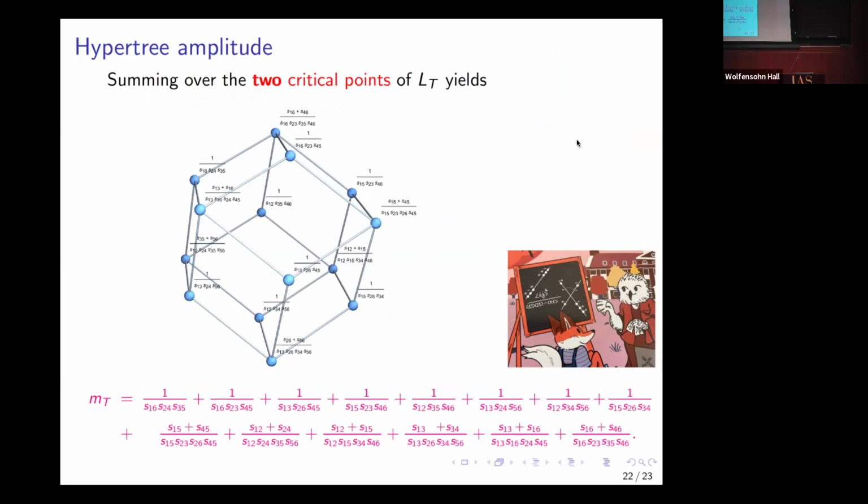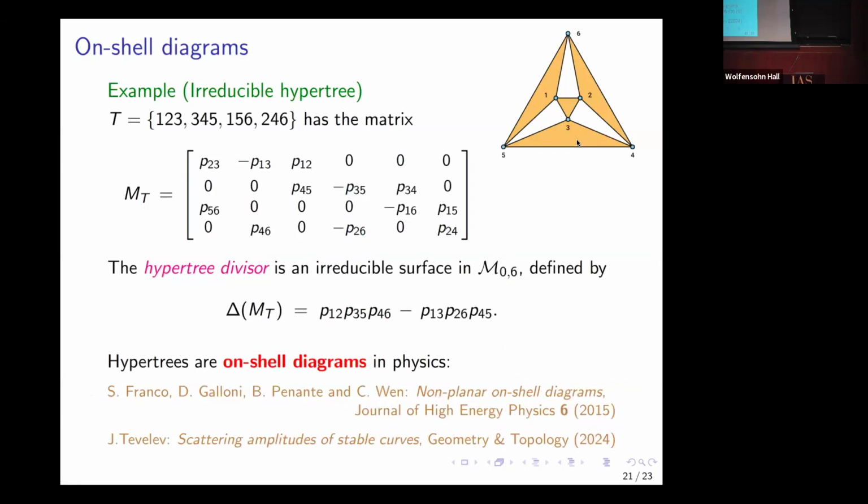But here, the relevant polytope is not the icosahedron, but the rhombic dodecahedron. So there's a wealth of interesting amplitudes coming not just from two-trees, but also from hypertrees. And I think it's a very good research direction to dig a little bit deeper into Tevelev's work and see what this might mean for amplitudes.